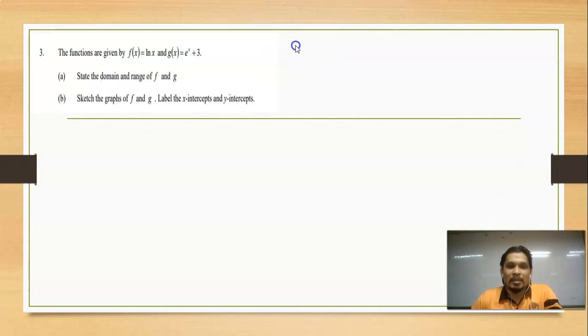Okay, now f(x) equals natural log of x. As we know, given a function y equals natural log of x, if I substitute x equal to 1, natural log of 1 equals 0, which means that when x equals 1, y equals 0.